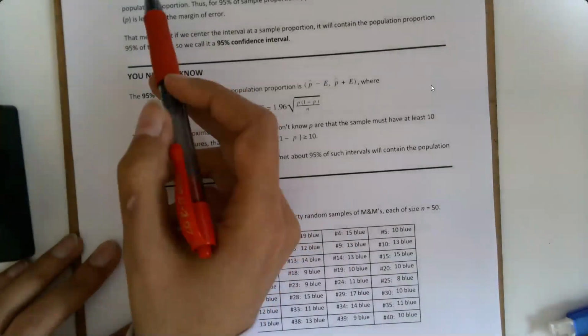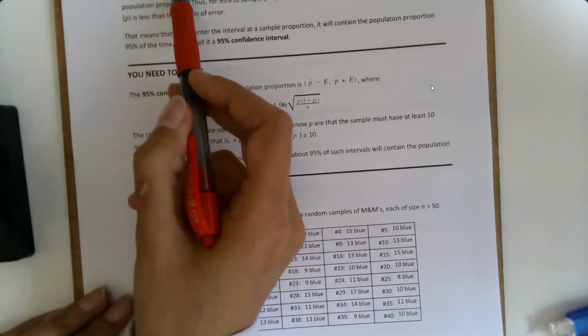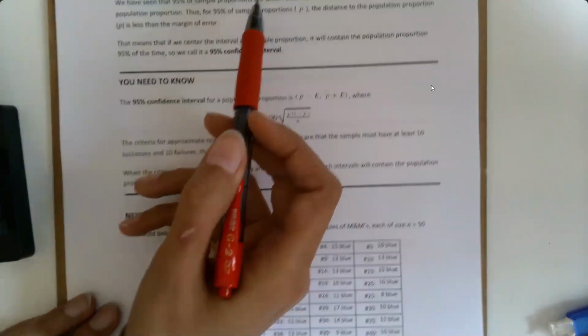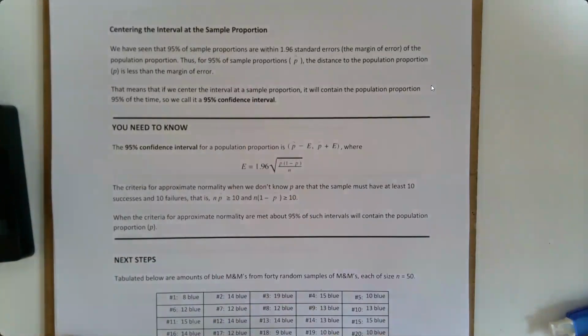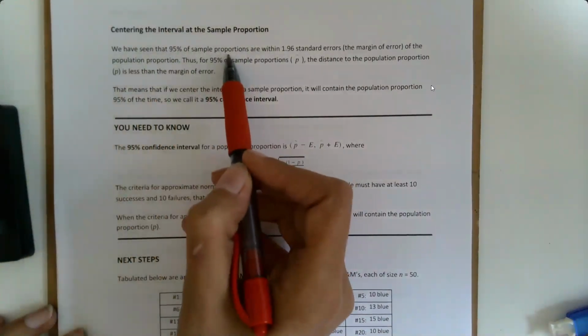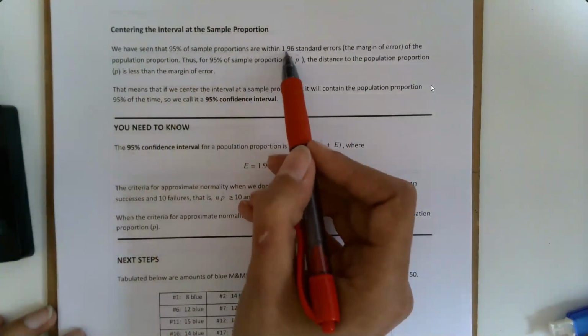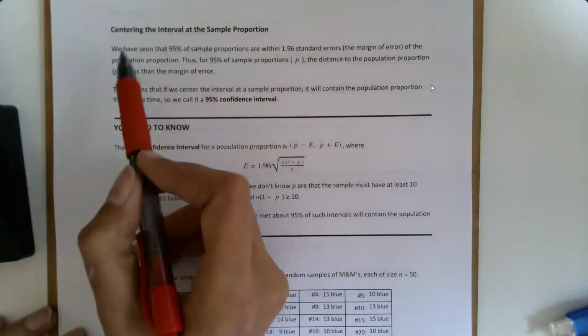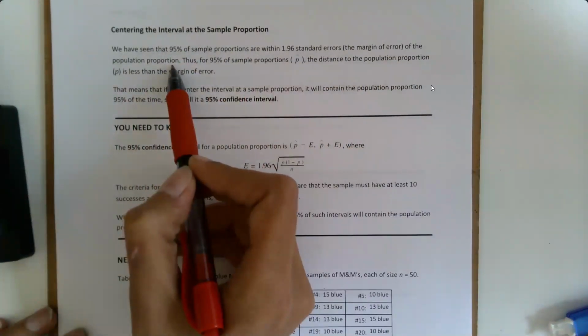Very well. Centering the interval at the sample proportion. We have seen that 95% of sample proportions are within 1.96 standard errors, the margin of error, of the population proportion.